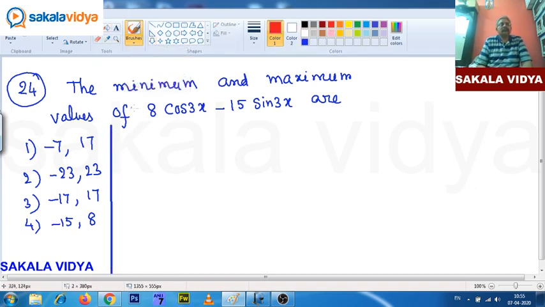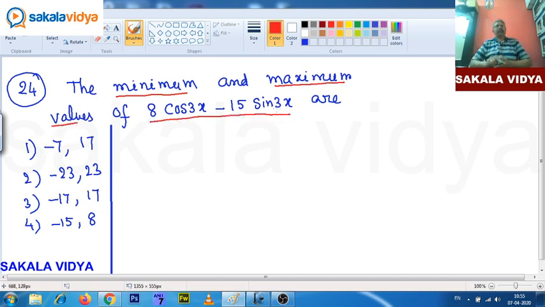So, now the minimum and maximum values of 8 cos 3x minus 15 sin 3x. What is the plan that needs to be applied to solve this problem? If you observe this function, it is in the form of a cos x plus b sin x only. It does not matter whether it is 3x, 4x, 5x or 7x, it is of this form itself.